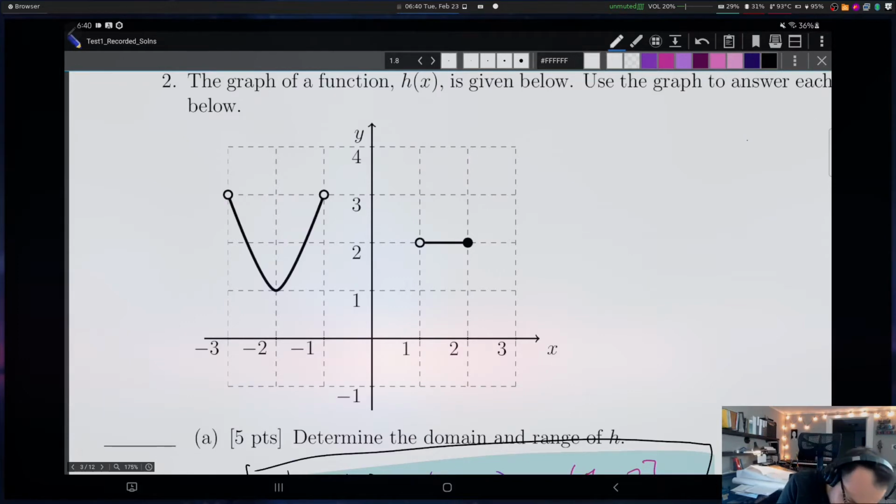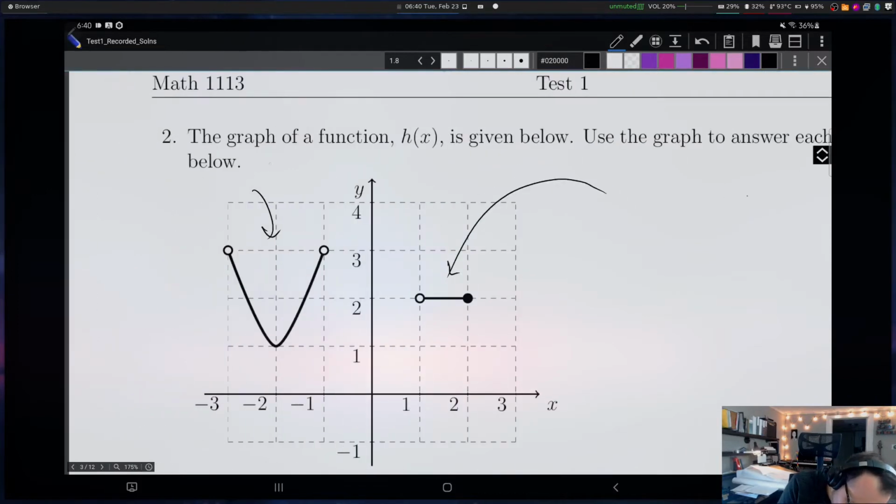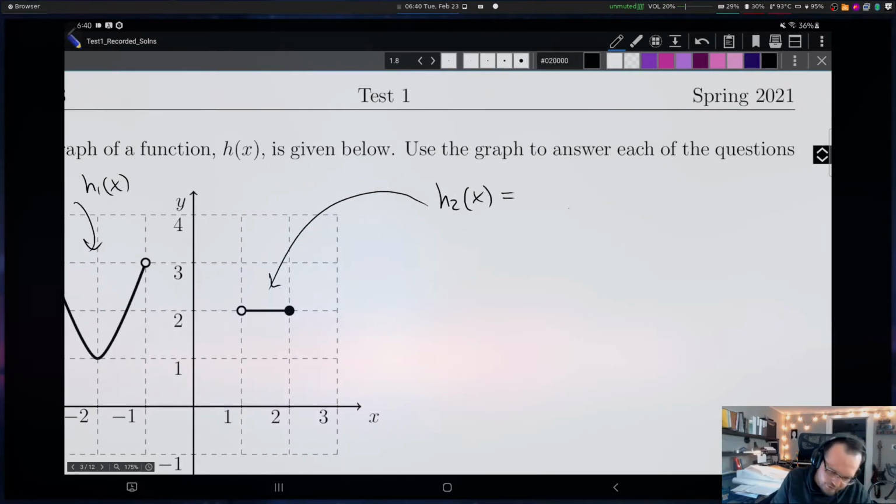I want a formula for this left-hand part and a formula for this right-hand part. So maybe I'll call this an h1 of x, which will be one of the pieces, and an h2 of x will be another one of the pieces. But I think I can write this one down right away.